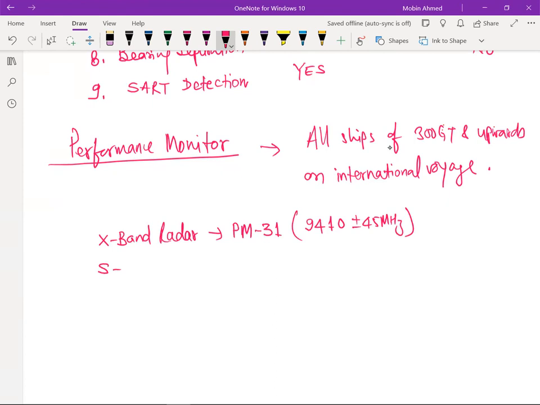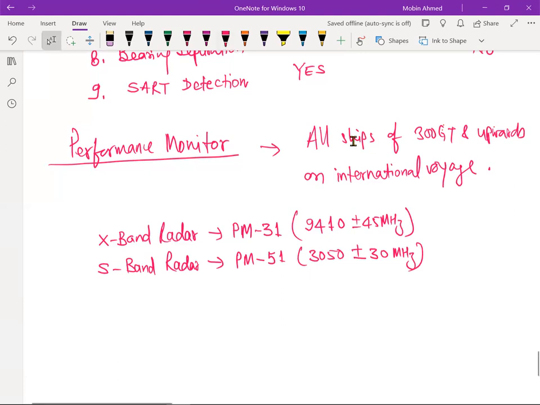And for the S-band radar, the name is given PM51. And the frequency is 3050 plus minus 30 megahertz. Okay, so this is the performance monitor.